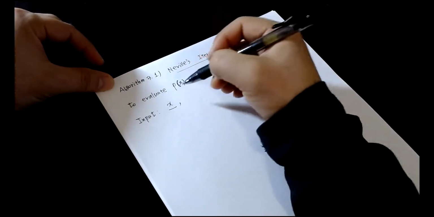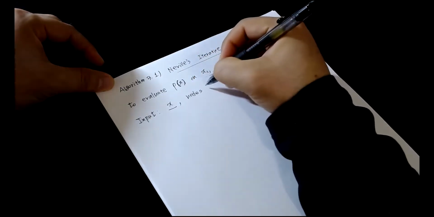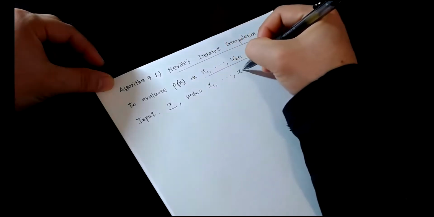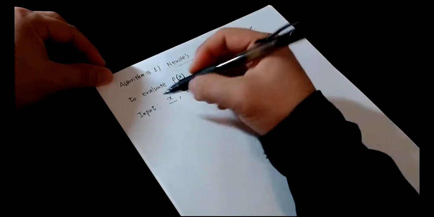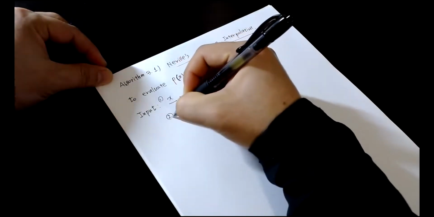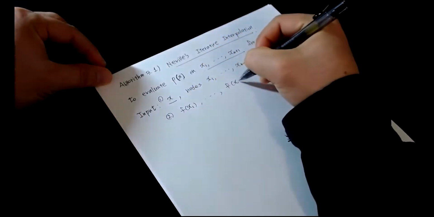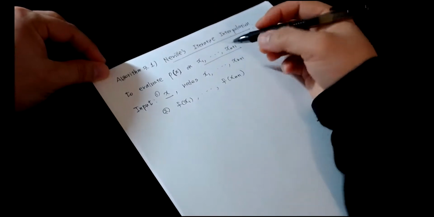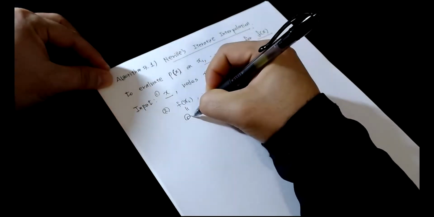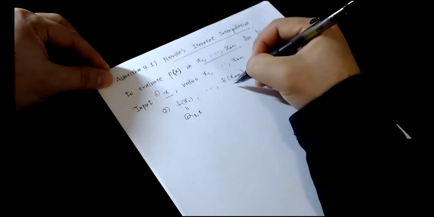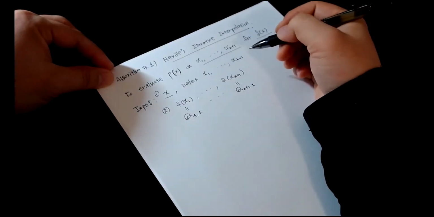And then nodes x1 through x n plus 1. The second input is values, f of x1 through f of x n plus 1. So actually, this is equal to q 1,1 through q n plus 1,1.